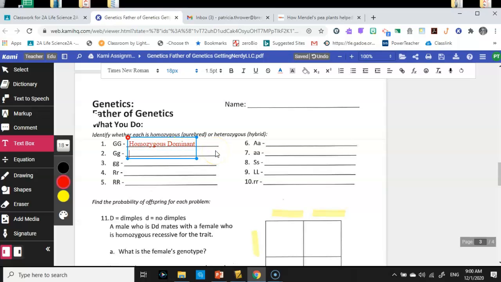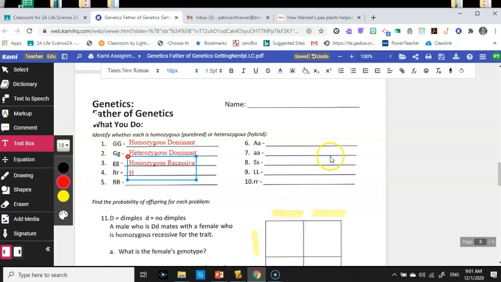This one will be heterozygous because the two alleles are different. But you're going to have the dominant phenotype because of this capital letter here. It's going to dominate or hide the other one. This one would be homozygous because it's the same, but it's going to be recessive. So you'll get the recessive phenotype here.